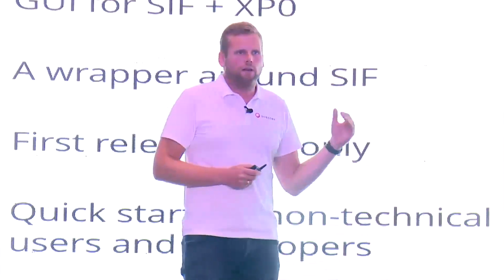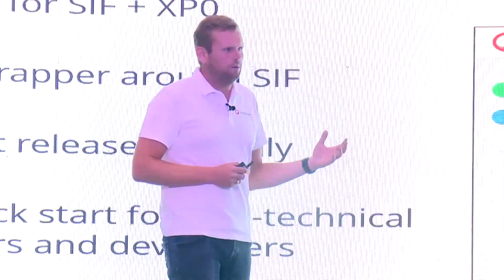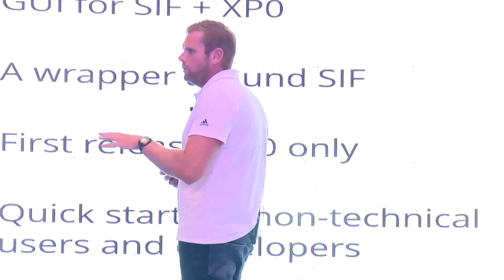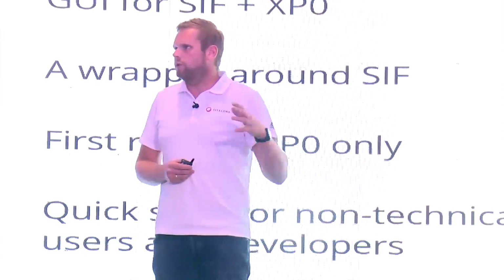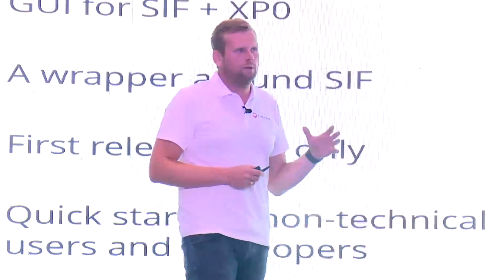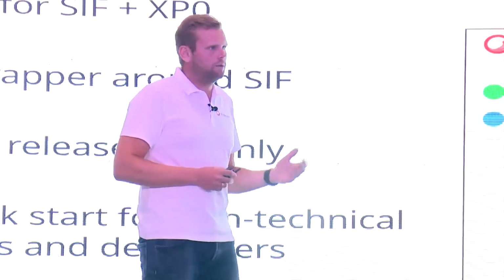SIA will basically be a graphical interface on top of SIF. So it still uses all the greatness of SIF with the JSON configuration and all the SIF tasks. It will only focus for this release on an XP0 single installation. We'll move in the future to add more features to it. This will make your life a lot easier to install Sitecore on a local development machine.